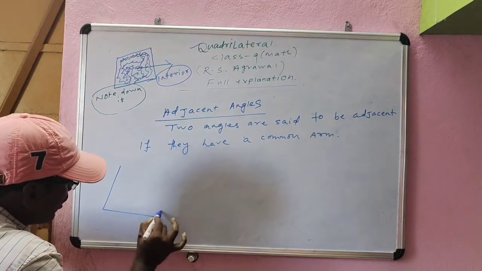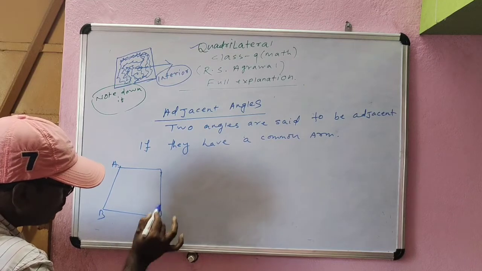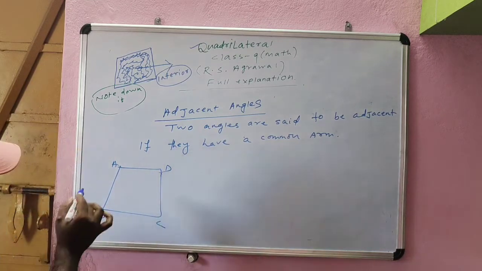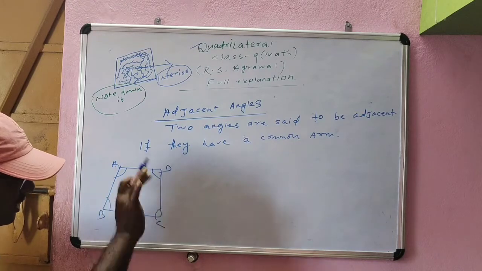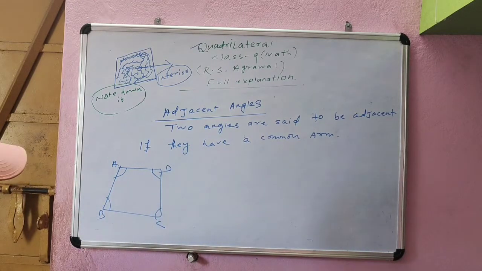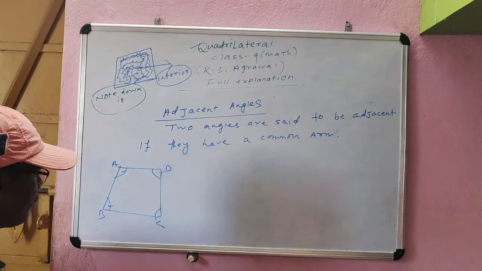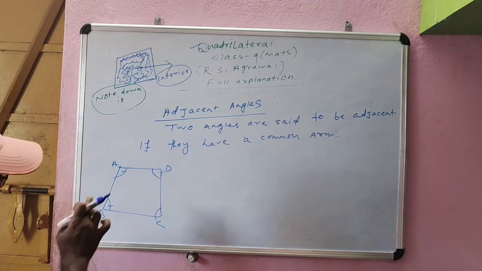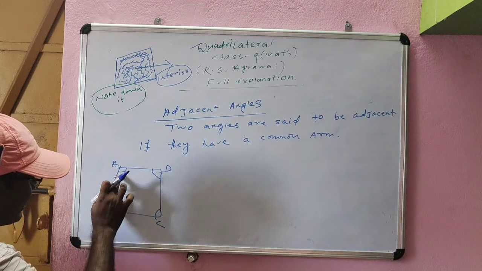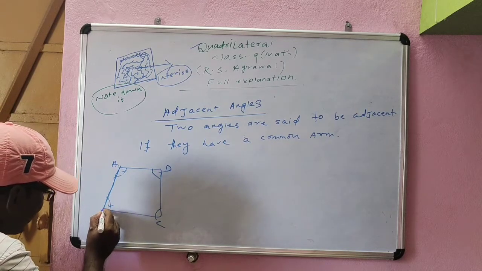It is the figure of ABCD quadrilateral. Suppose there are four angles: angle A, angle B, angle C, angle D. There are four angles in all. If you take angle A with angle B, we see that these two angles have a common arm, that is AB line segment.